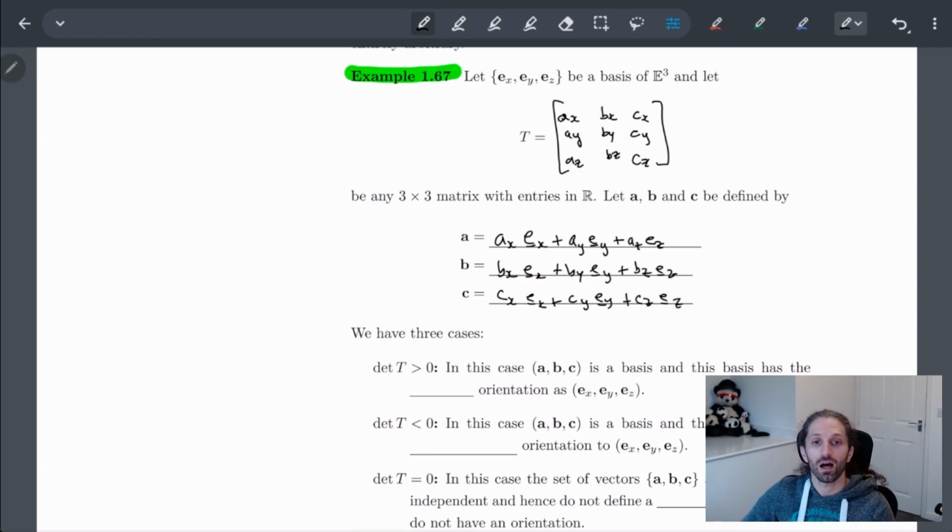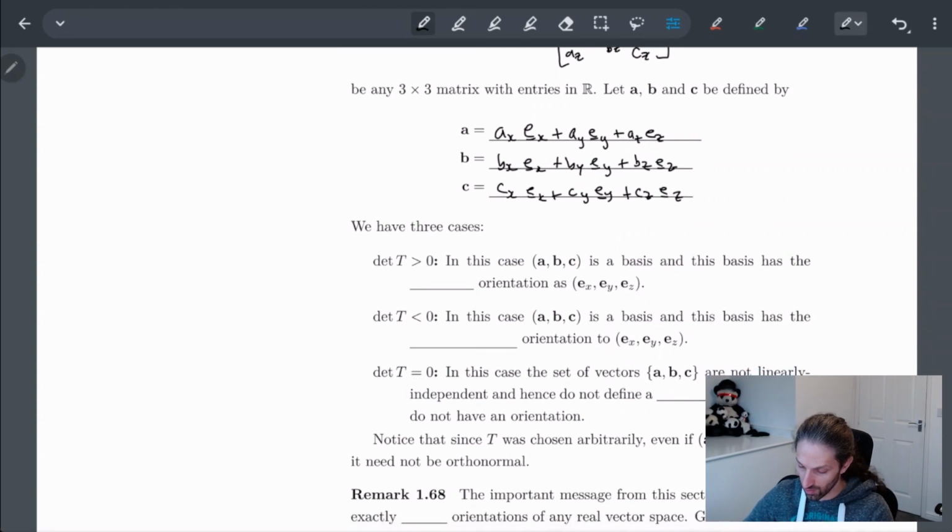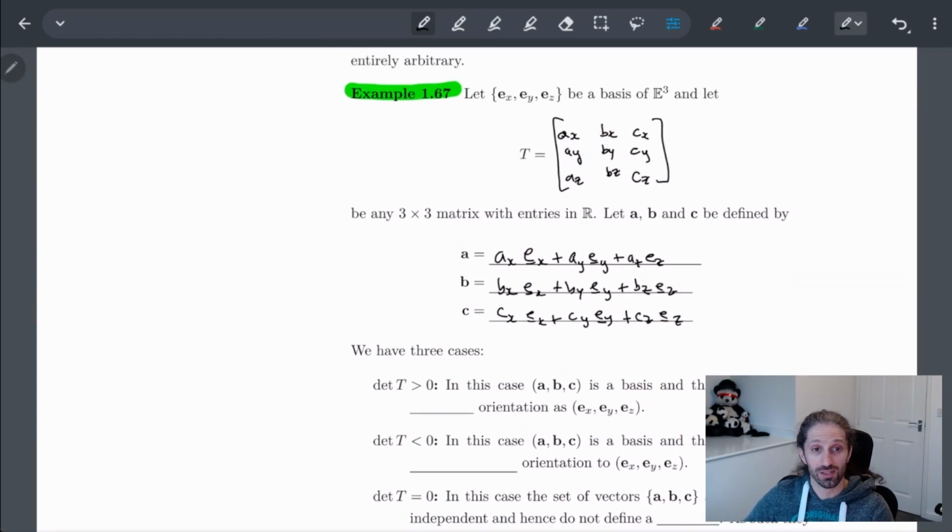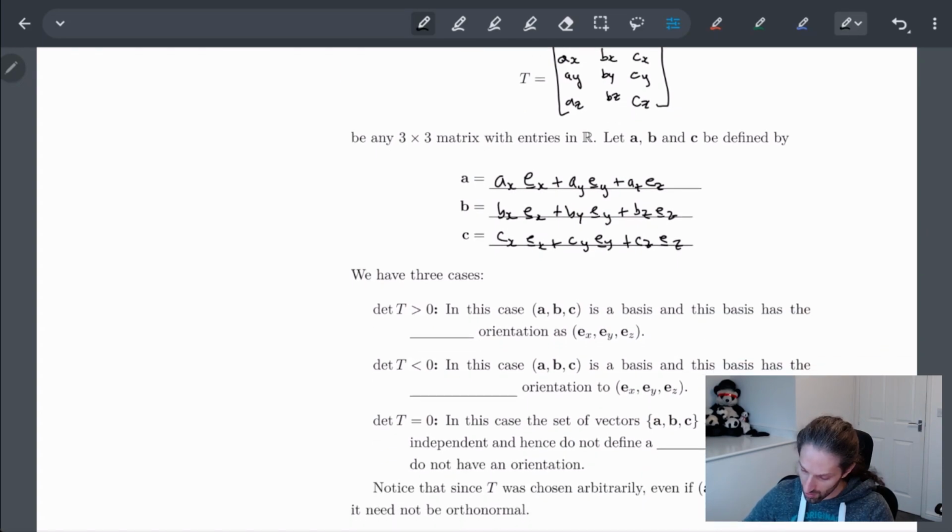Okay? And there's three different cases for this determinant, right? So here I chose an arbitrary matrix.